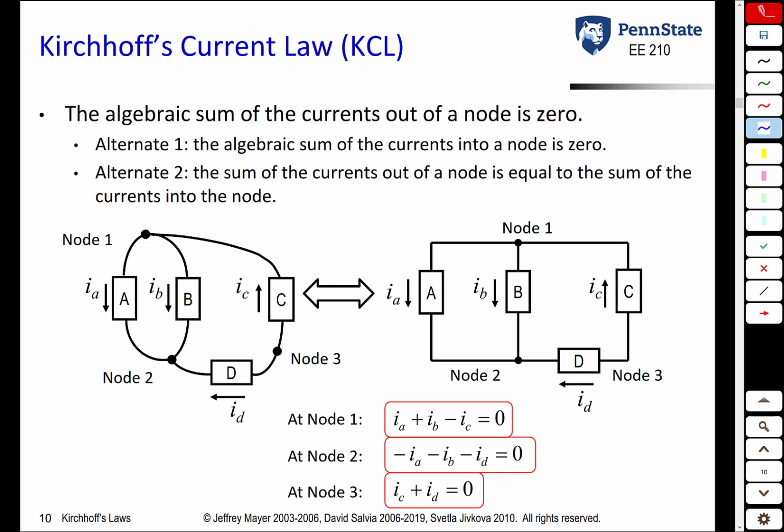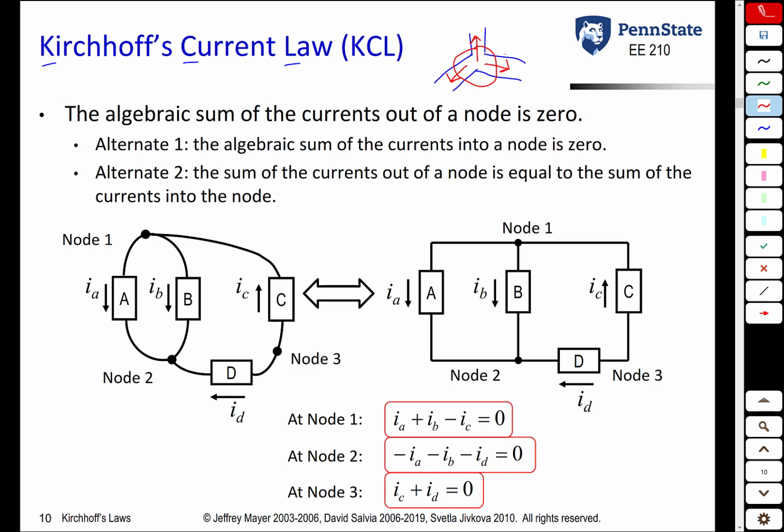Let's talk about Kirchhoff's current law now. So KCL is Kirchhoff's current law. Kirchhoff's current law basically says that the algebraic sum of the currents leaving a node is 0. So good analogy here, if you have a whole bunch of pipes connected together with a joint here, the sum of the flow out of that joint is going to be 0.